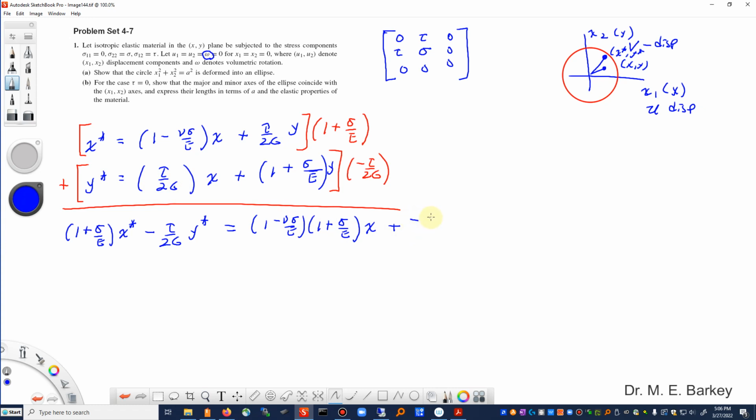Be a minus tau squared over 4G squared times x.